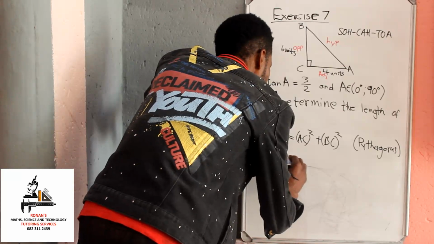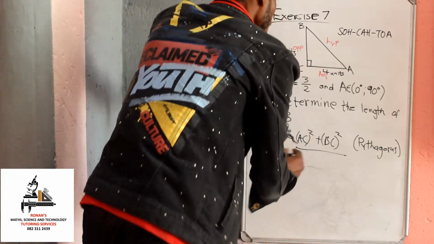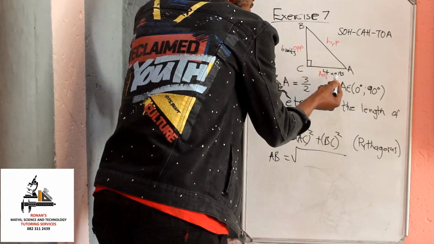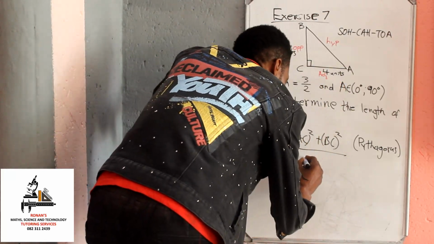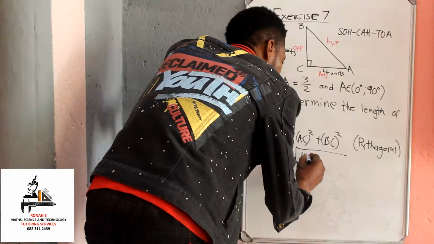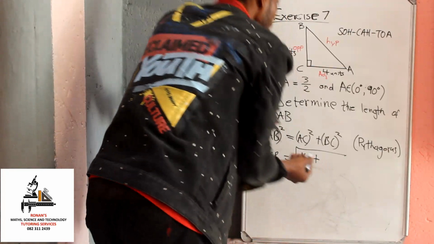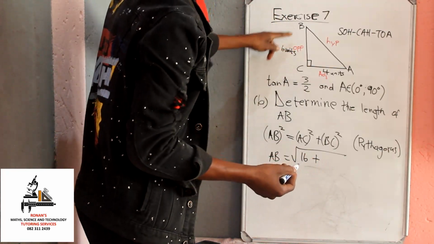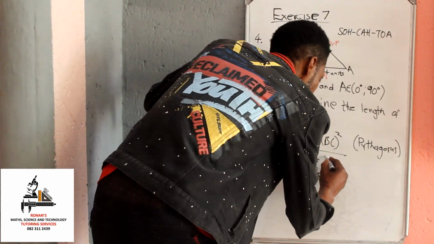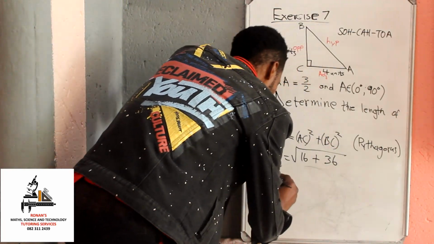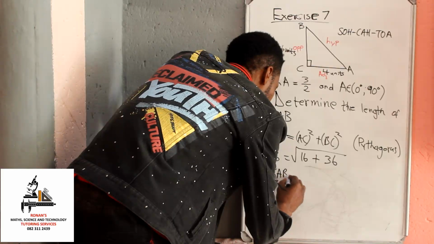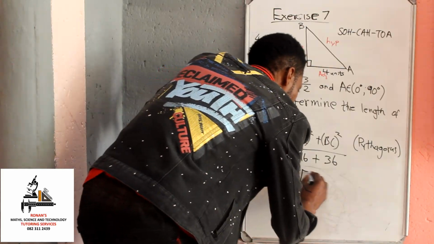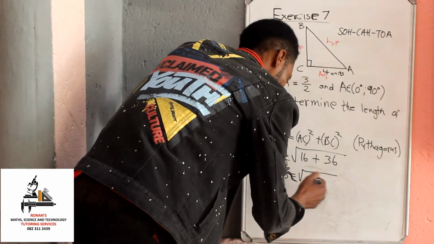AB will be equal to the square root of AC. We already substitute AC. 4 by 4 is 16 plus BC being 6 units. 6 times 6 is 36, and therefore AB will be equal to the square root of 52.